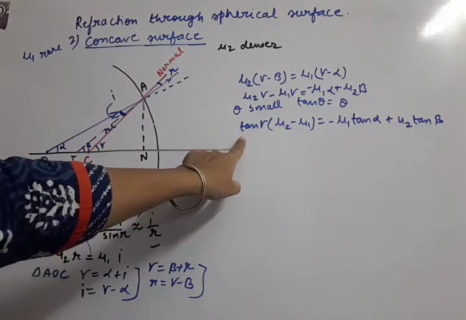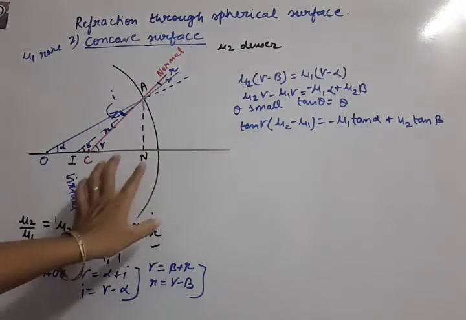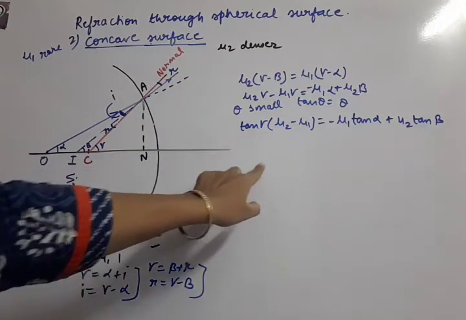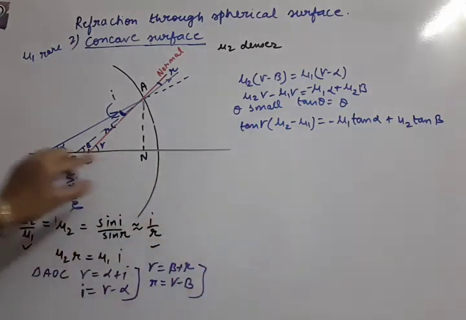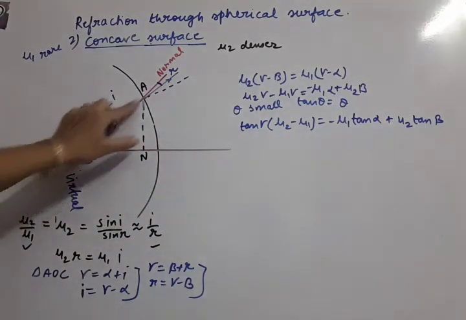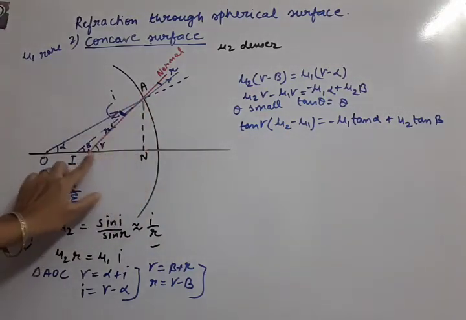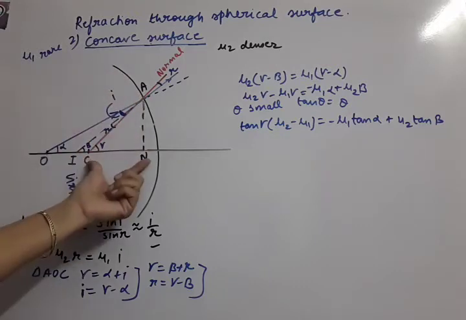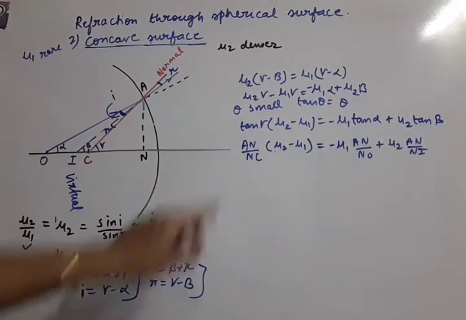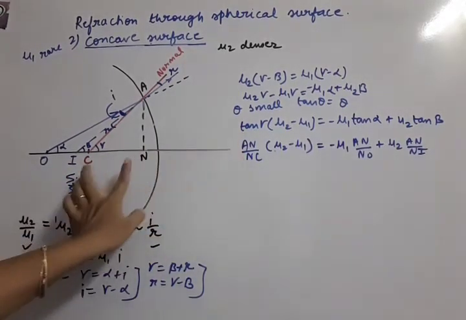This will help us to calculate the relation of distances. Because the tan theta formula is perpendicular upon base, we will now solve all the angles. For tan gamma, you have to see this triangle ANC. In this, perpendicular upon base is tan gamma, so AN upon NC is tan gamma.